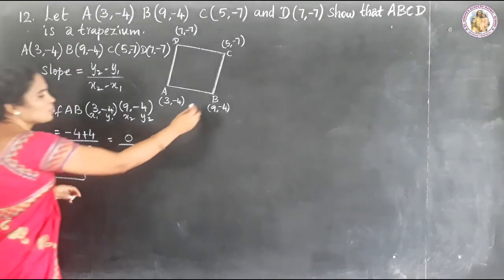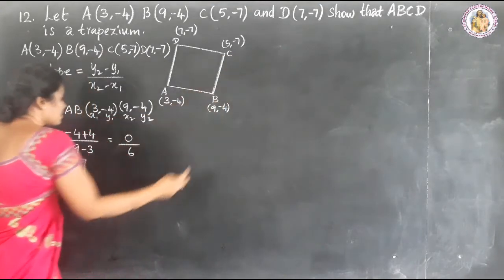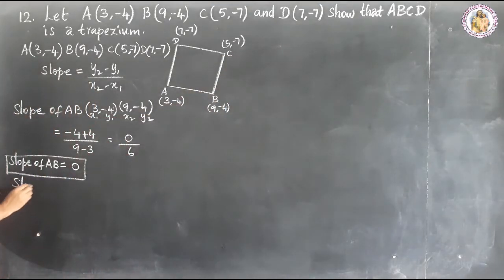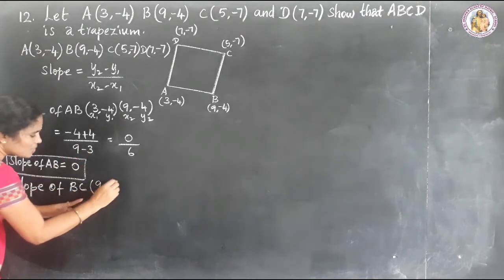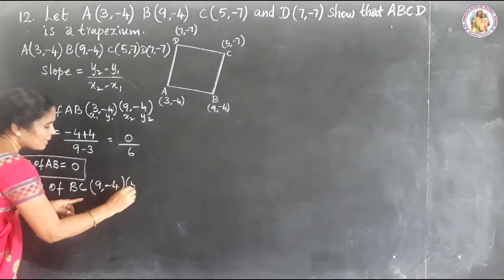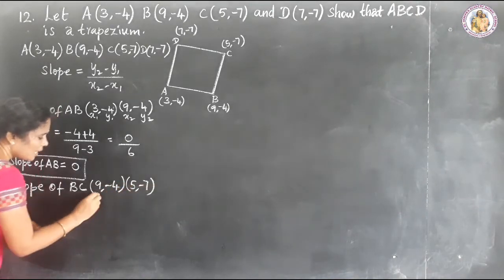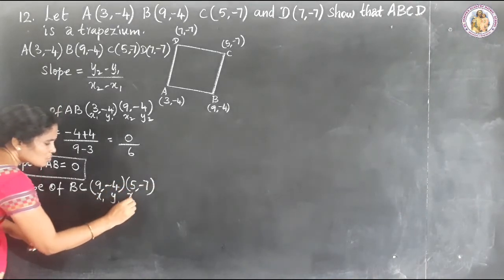Now let us move on to the slope of BC. The points are 9 comma minus 4 and 5 comma minus 7, taken as x1 y1 x2 y2.